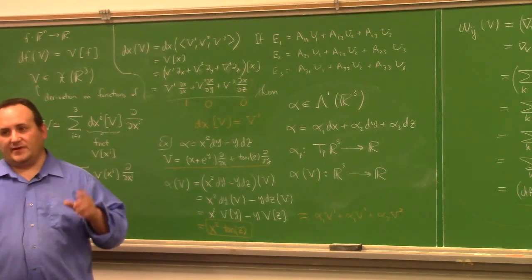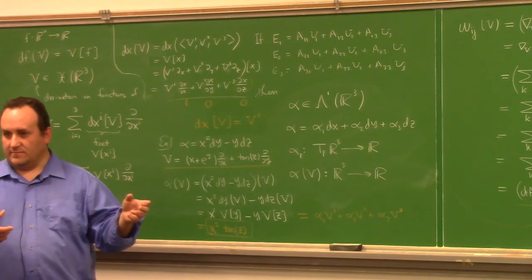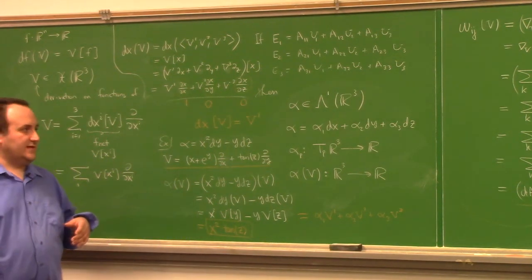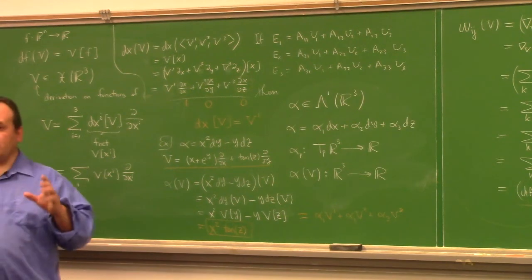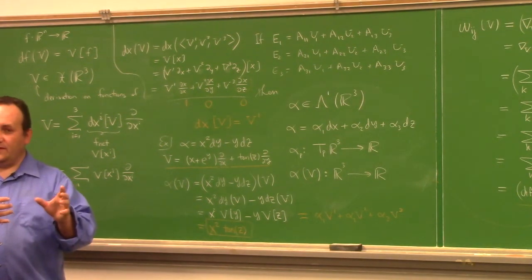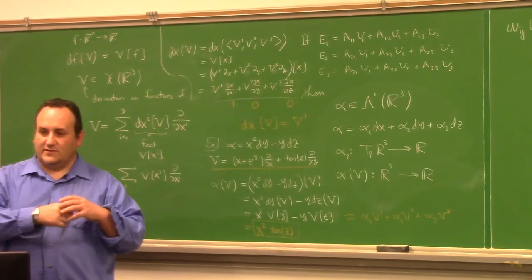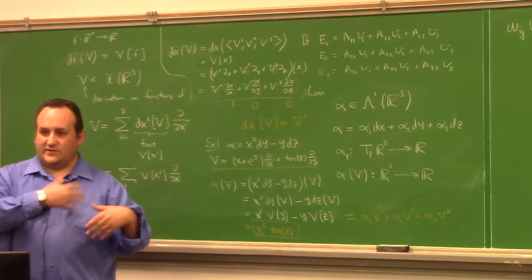A differential form can act on a vector field to give us a function, like alpha of v. We'll see as we study chapter 4 that you can take a 2 form and evaluate it on a pair of vector fields to get a function. So 2 forms don't just take in 1 vector field, they have to take in 2.